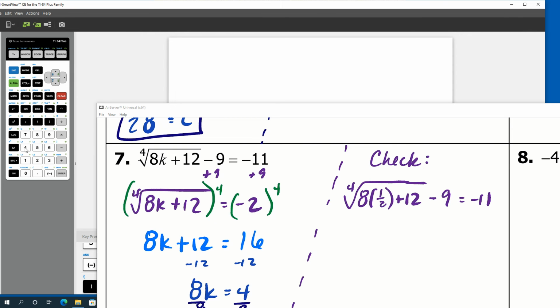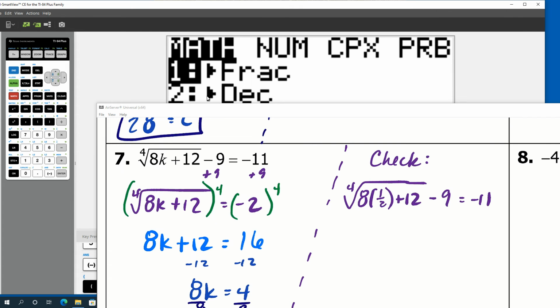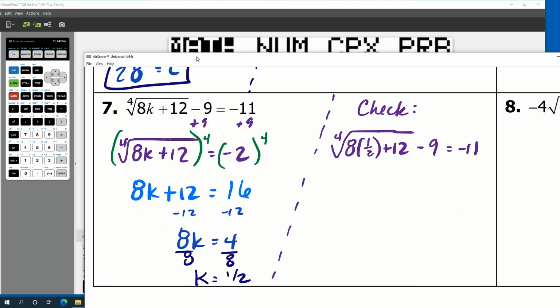So don't forget, 4th root, you do 4, math, 5.